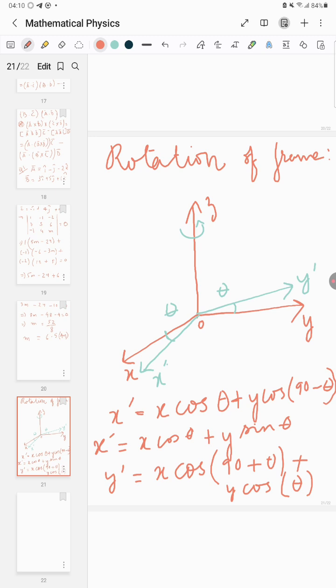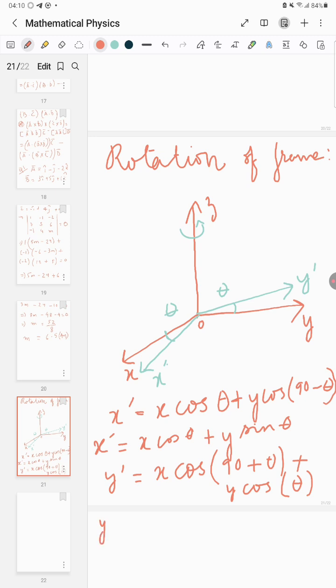How come? Because as you can see, Y prime is making theta degrees with the Y axis, and the Y axis is making 90 degrees with the X axis. So Y prime would be making theta degrees with the Y axis and theta plus 90 degrees with the X axis.